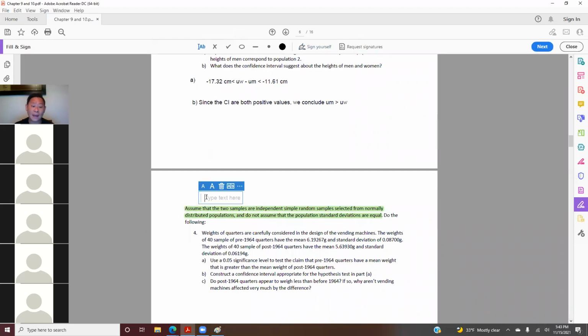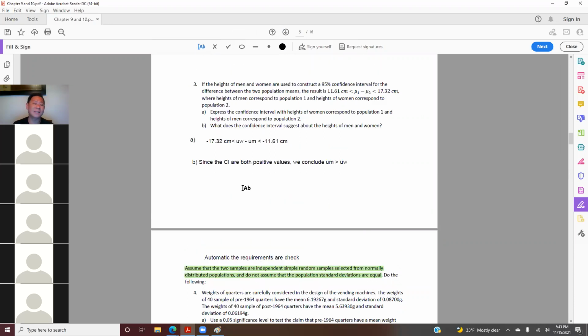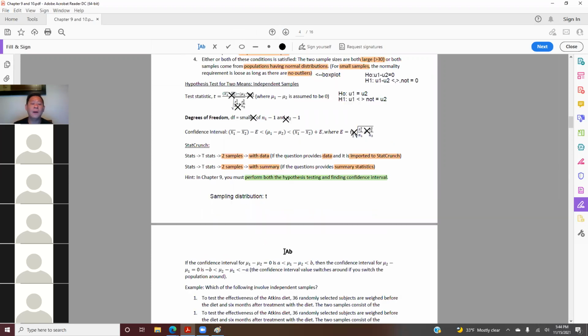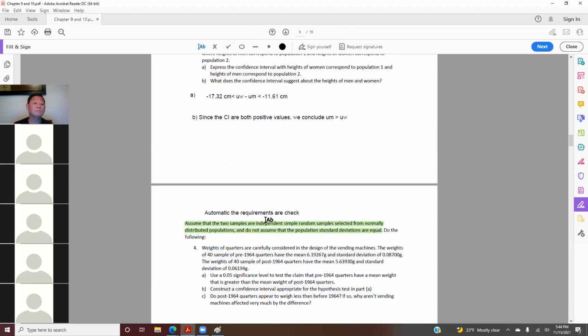If I have that in your test or in your homework, the requirements are automatically checked. This one I highlighted in green is telling us that requirements 1, 2, 3, 4 are all fulfilled, so you can skip it.